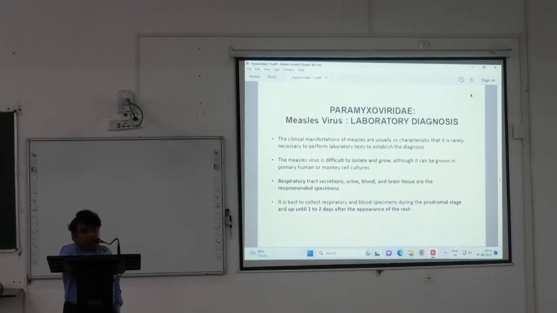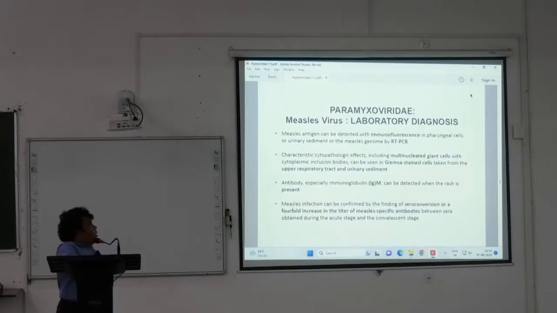When should you collect the sample? From the prodromal stage up to 1 to 2 days after appearance of rash. After that, if you take the sample, most of the time it will come as a negative result. Okay. So when should you collect the sample? From the prodrome, that is the febrile illness, to 1 to 2 days after the appearance of rash.